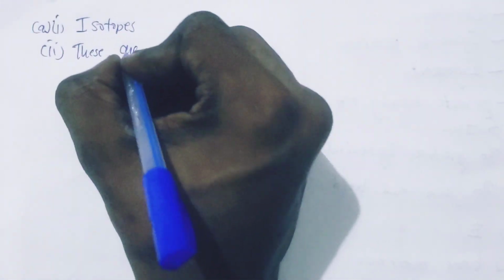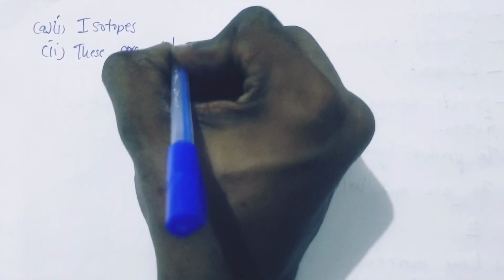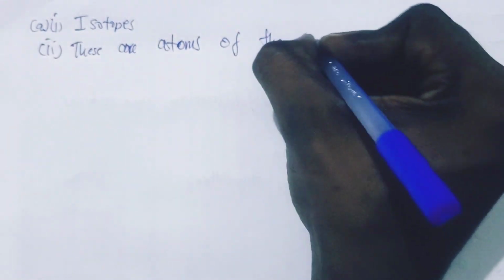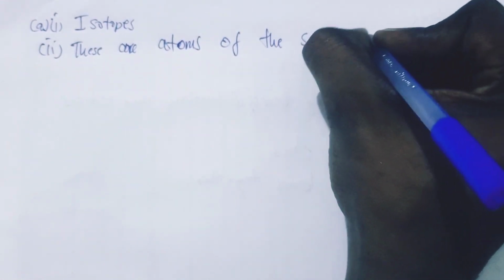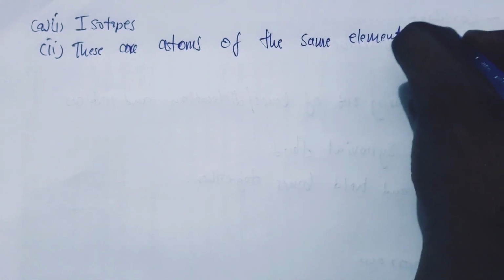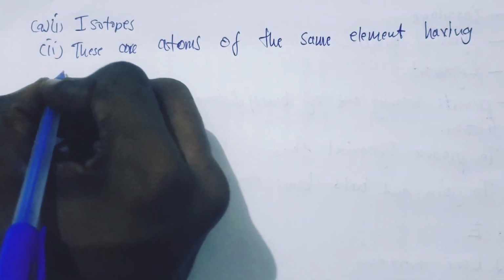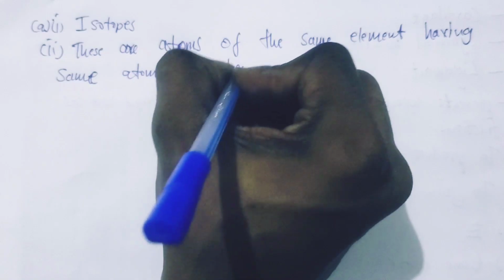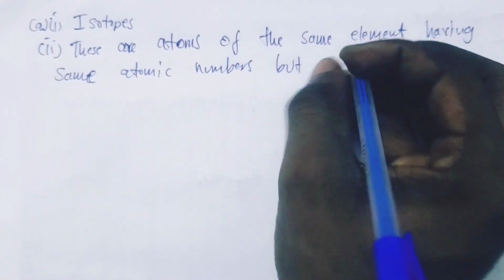So you simply say these are atoms of the same element having the same atomic numbers but different mass numbers.